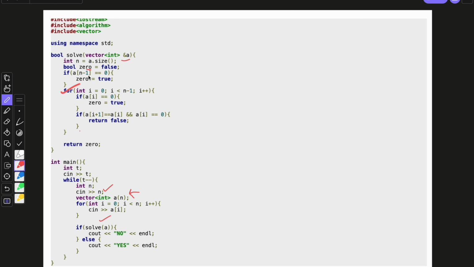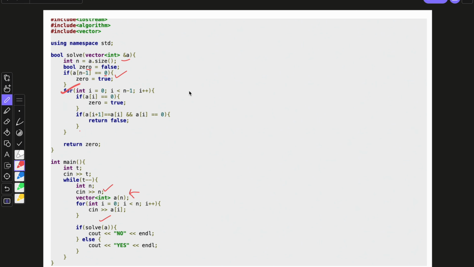Okay, then we check the n minus 1th player to be 0 or 1. And why do we check it here? Because we are going to run the loop from 0 till n minus 2, since it's less than n minus 1. So it will compare the players I and I plus 1.